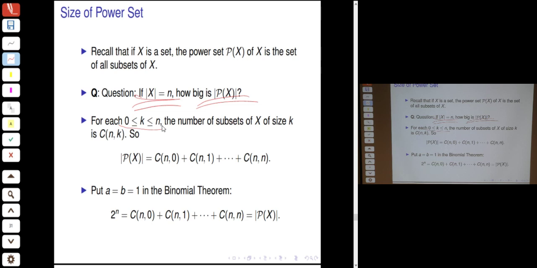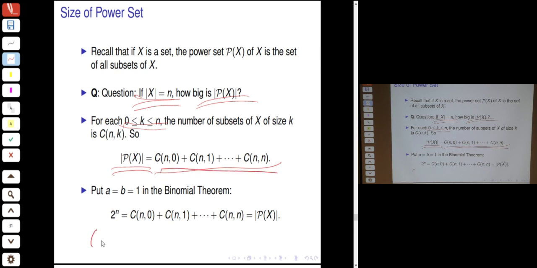Okay? So the total size of the power set of X, which is the total number of subsets of X which you can form, is just the sum of the binomial coefficients n choose k, where k varies between 0 and n. Okay? And now we will calculate this sum in a simple way.